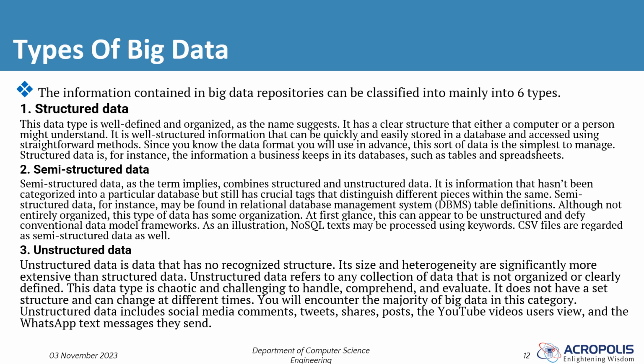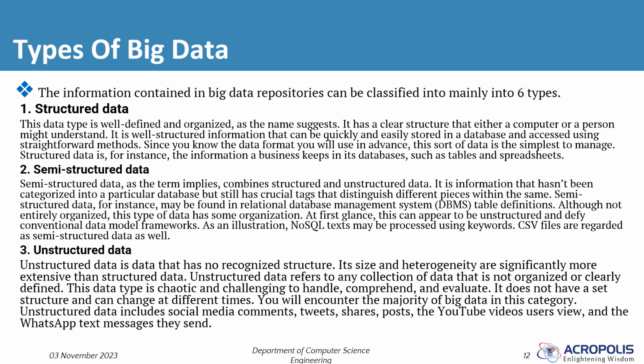For instance, it may be found in relational database management system table definitions, although not entirely organized. This type of data has some organization. At first glance, this can appear to be unstructured and defy conventional data model frameworks.